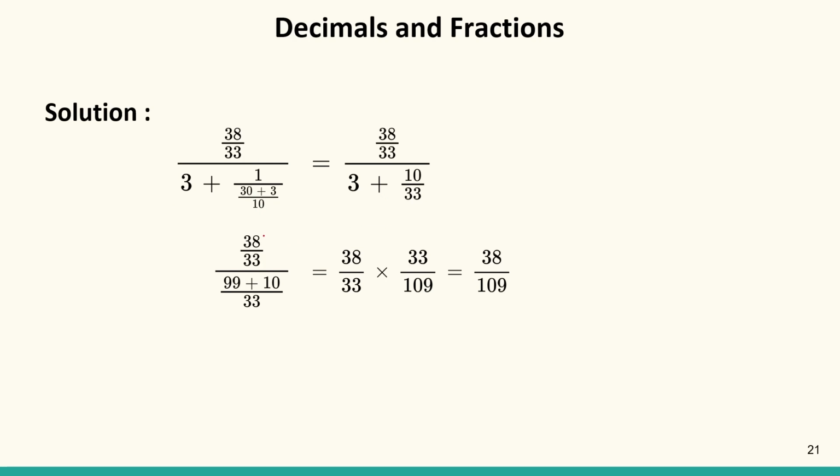So what we are left with is 38 by 33 whole divided by 99 plus 10 whole by 33. So this is equal to 38 by 33 into 33 by 109. Since 33 is there in the numerator and denominator, we can cancel each out, and what we are left with is 38 by 109. So 38 by 109 is the final answer.